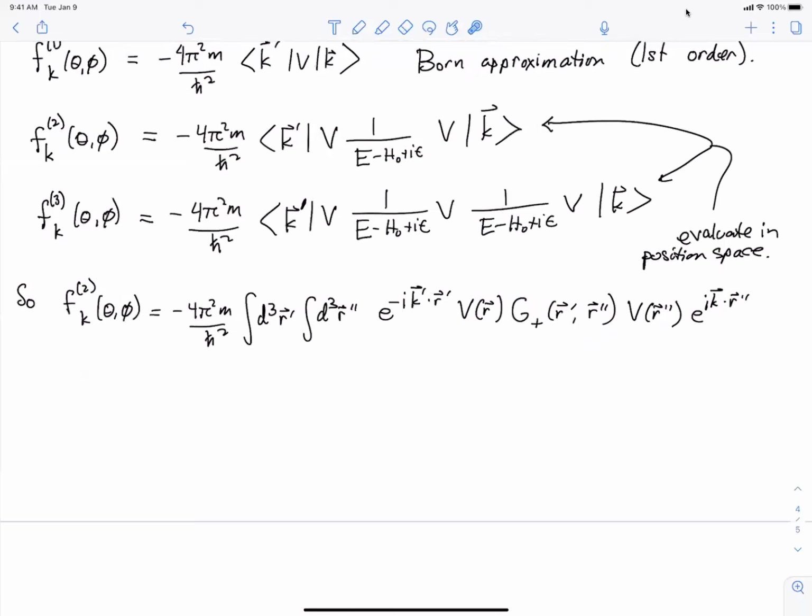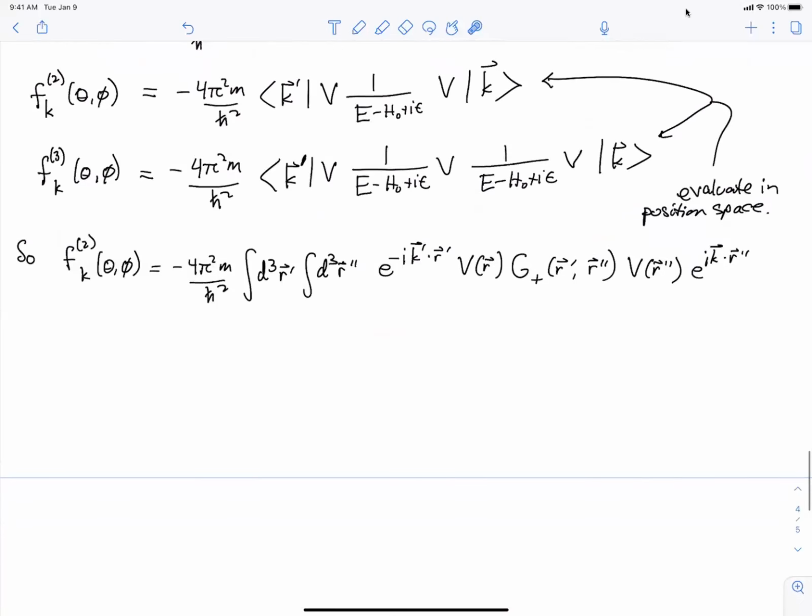And then you can do a similar thing for this. This is going to involve 3 potentials and 2 green functions and some exponentials. So you can draw a pictorial interpretation of all of these formulas, which is given a little bit more precisely in the notes, but I'm just going to sketch what happens here.